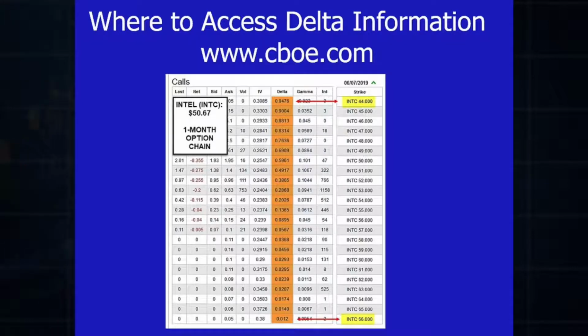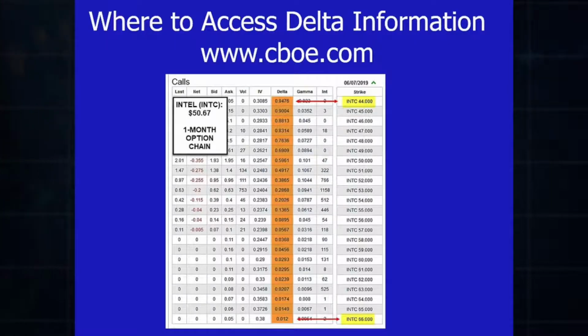And you could see that with Intel trading at 50.67, we have deep in the money, starting way at the top right, 44, deep in the money, lower than current market value, all the way down to the bottom right, deep out of the money, the 66 strike.